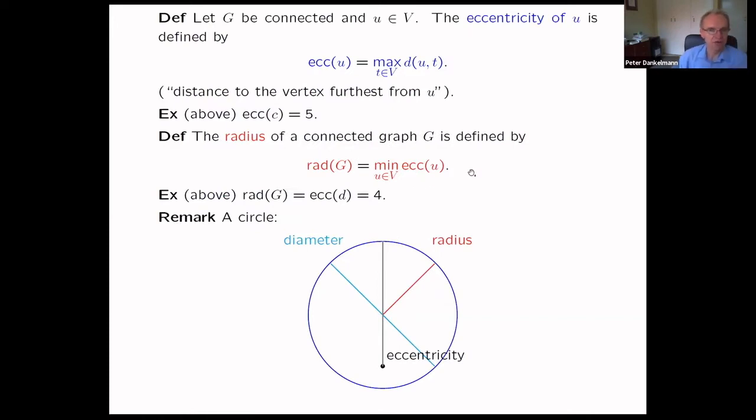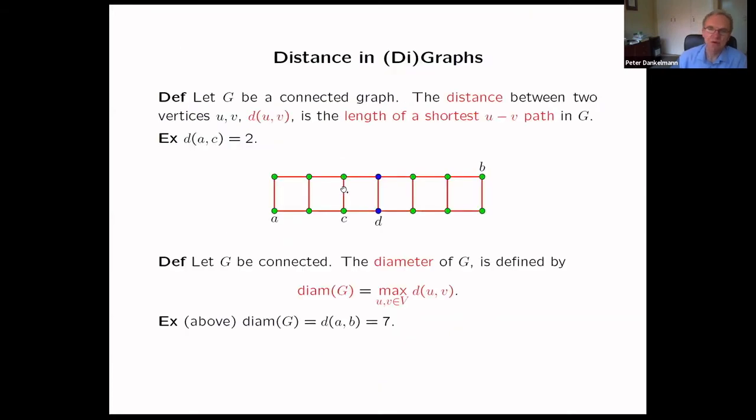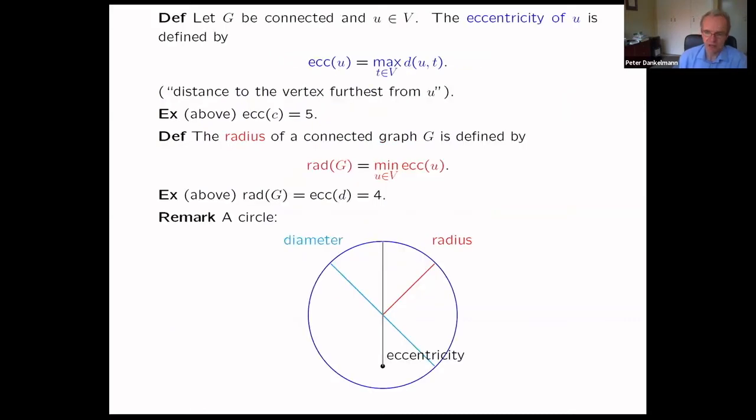And the smallest of all eccentricities, that's called the radius. Okay, so again, in our graph a moment ago, if we pick vertex D, we will find vertex D has eccentricity 4, but you won't be able to find a vertex with eccentricity 2 or 3 or anything less than 4. That's why the radius of our graph is equal to 4.